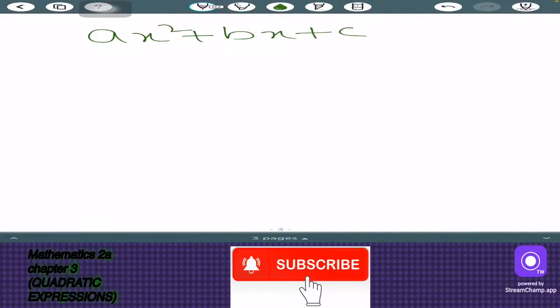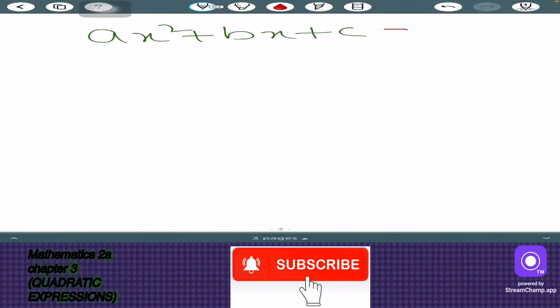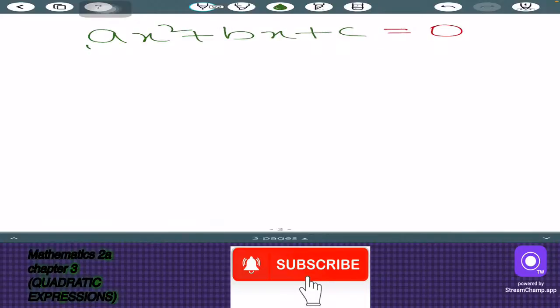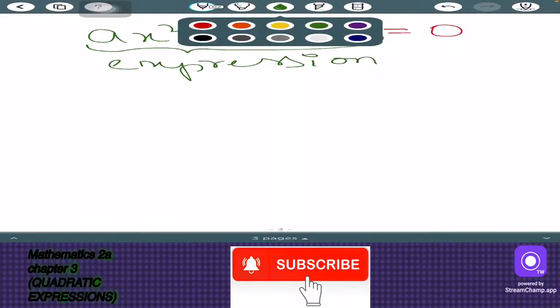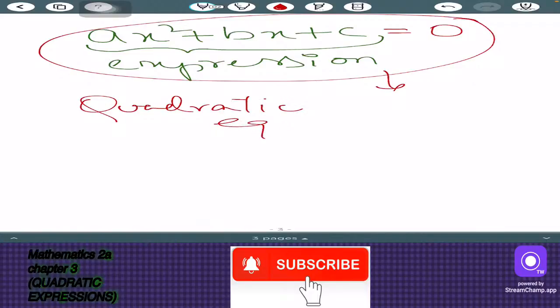If you want to write an equation, just add an equal sign and a zero. This part is expression, and if you want to make it an equation, this becomes a quadratic equation.